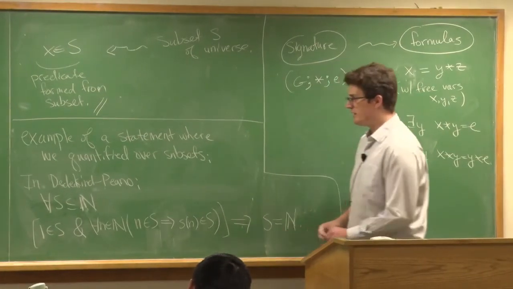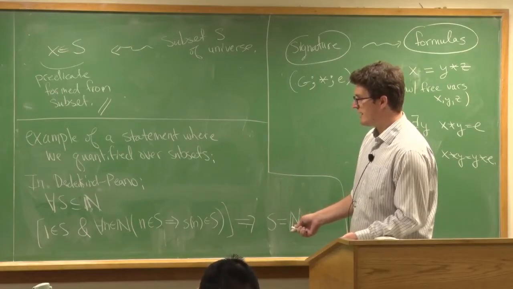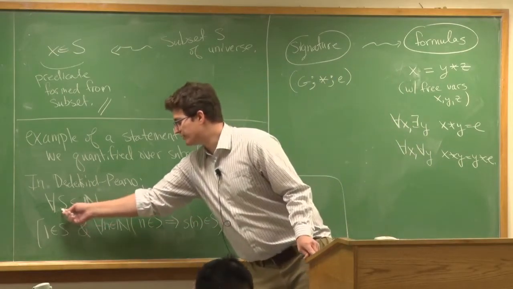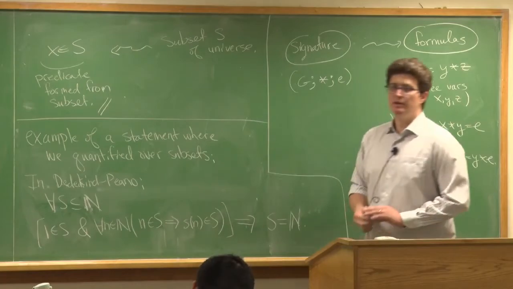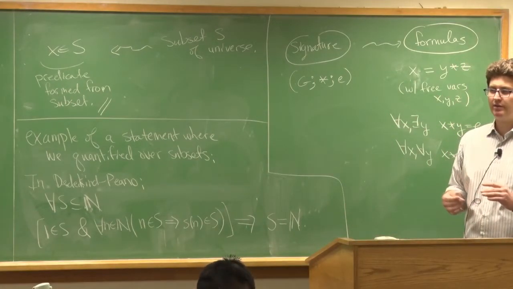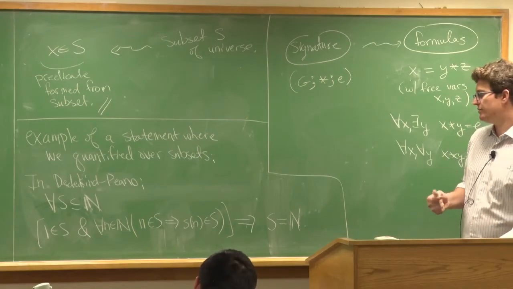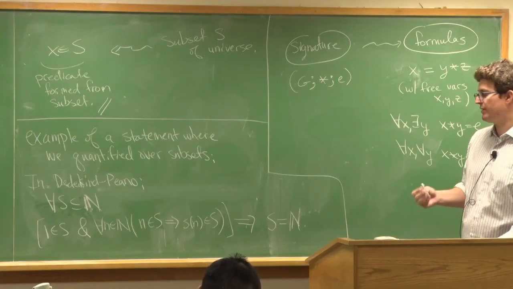Okay, so here was this induction axiom, right? And the induction axiom said for all subsets, blah, blah, blah. And I mentioned that we could have formulated it as for all propositions, if P of 1 is true, and P of n implies P of n plus 1.